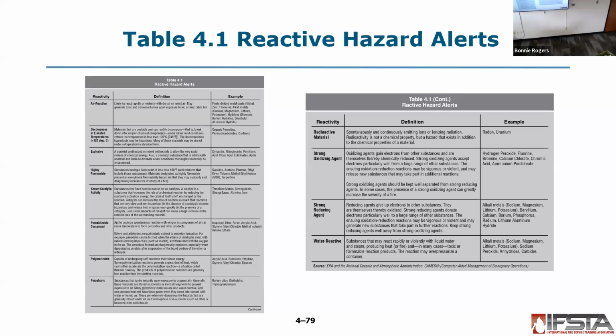Esteban. Peroxidizable compounds undergo spontaneous reaction with oxygen, a component of air, at room temperature to form peroxides and other products. Ethers and aldehydes are particularly subject to peroxide formation.